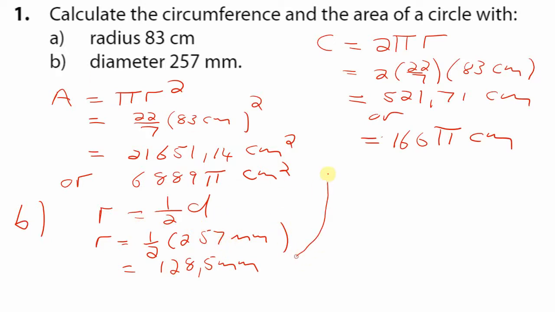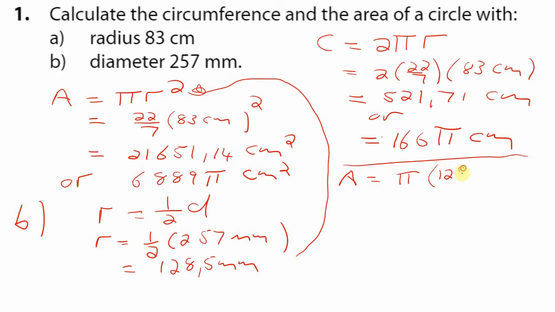Now we can use that again and replace it into our formula for area. So we could in fact say that the area equals pi. In the place of r, we have now 128.5 millimeter squared, which is equal to, let's see, 128.5 times 128.5.